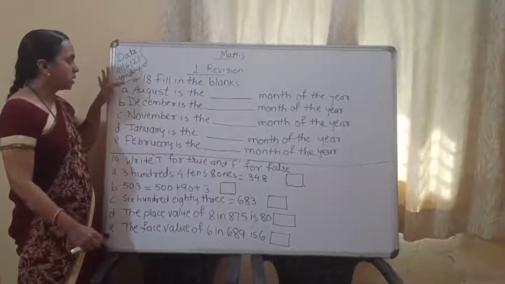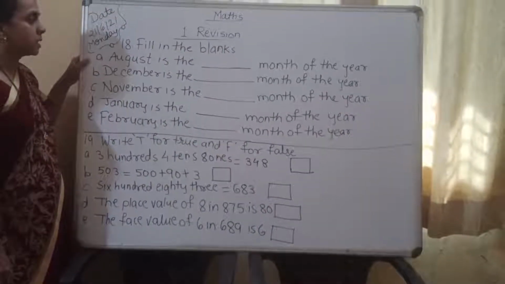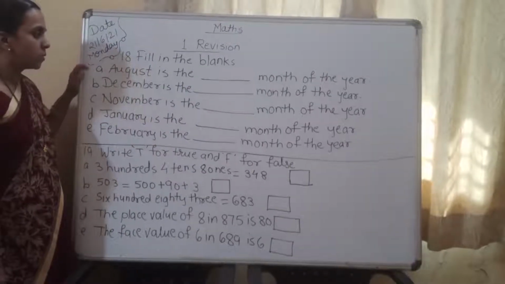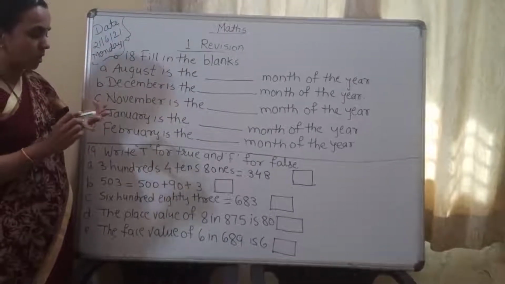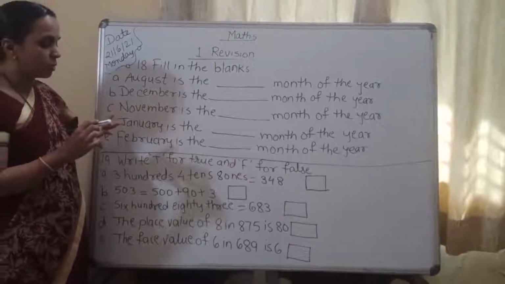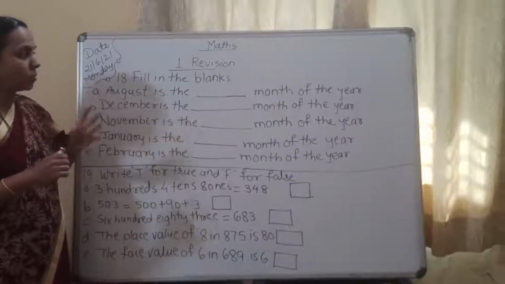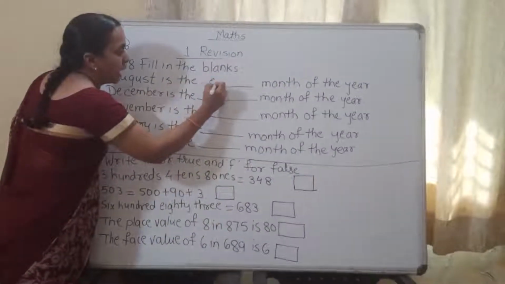Now see 18th question. Fill in the blanks. August is the dash month of the year. Starting with January, February, March, April, May, June, July, August. So the 8th month of the year. We have to write down here the spelling of 8.